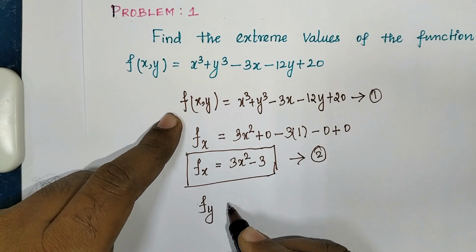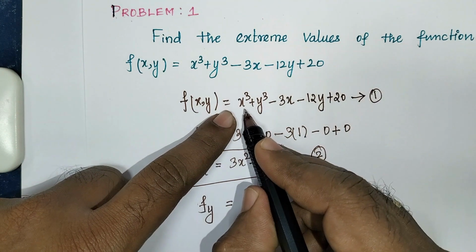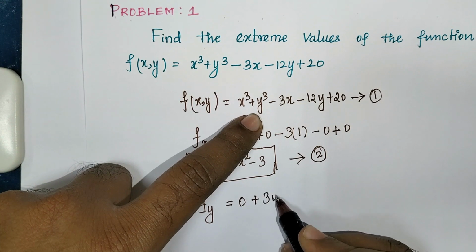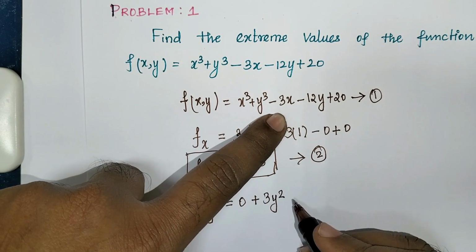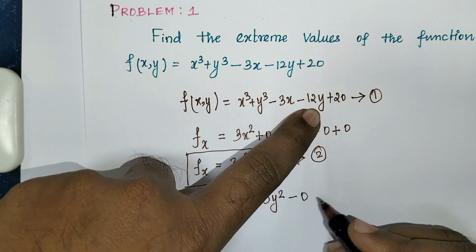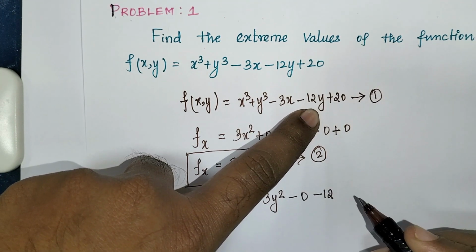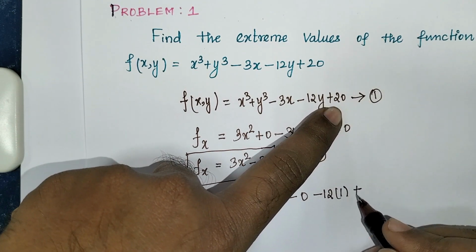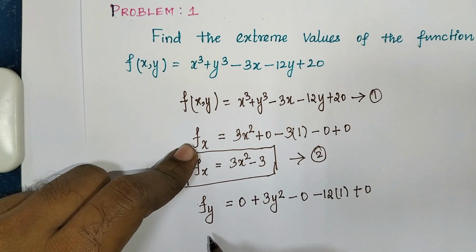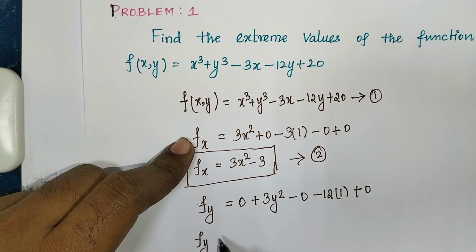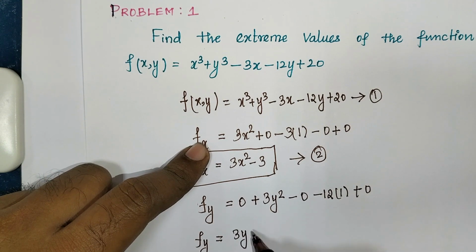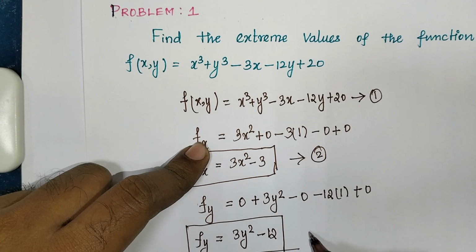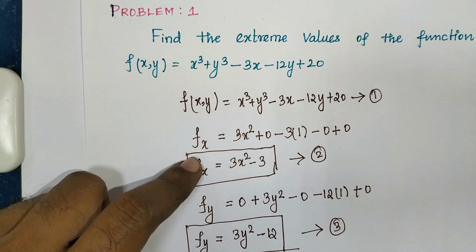Fy is equal to: x cube has no y term, so it is 0, plus y cube differentiates to 3y square, minus 3x has no y term so it is 0, minus 12y gives minus 12, and 20 gives 0. Simplifying, fy equals 3y square minus 12. So this is our equation 3. Now we know fx and fy.